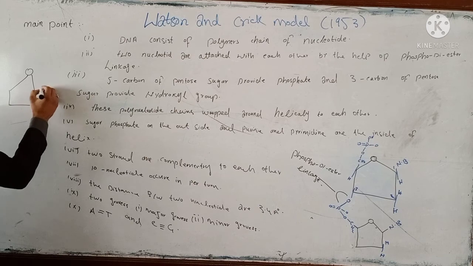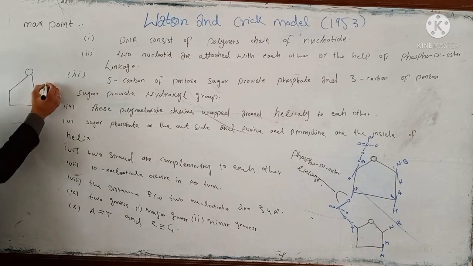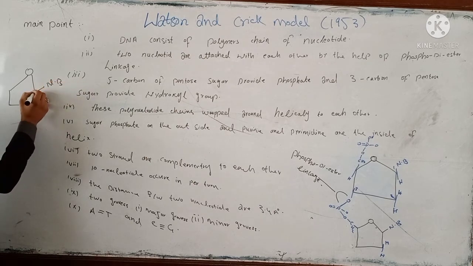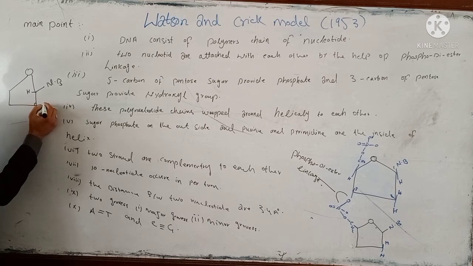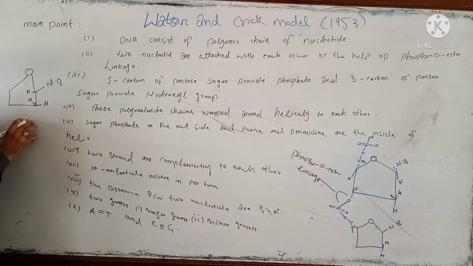This is the structure of the nucleotide. At the first carbon the nitrogenous base is present. Each corner shows the position of a carbon. In the second carbon, two hydrogen atoms are present in the DNA molecule.